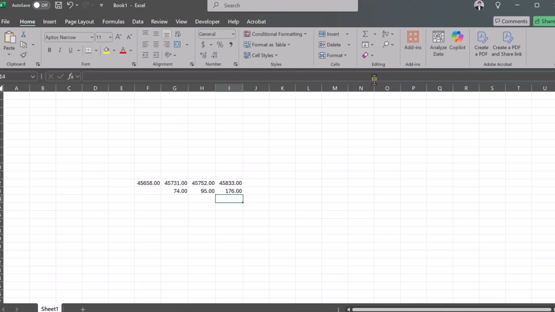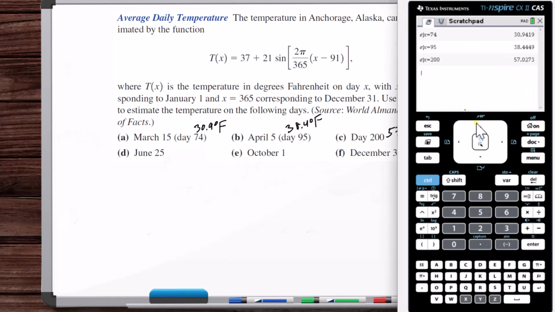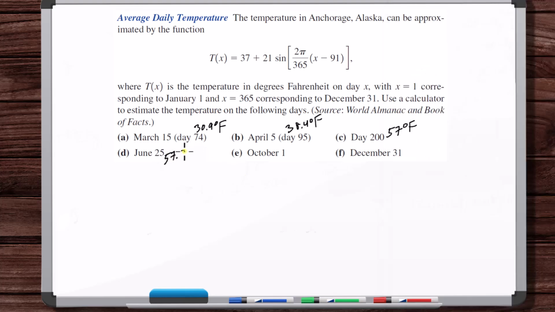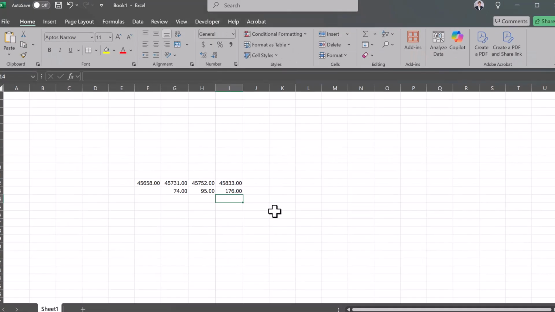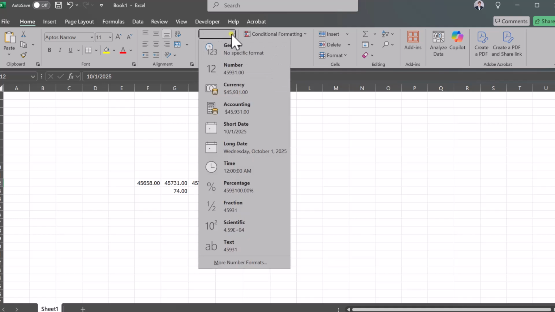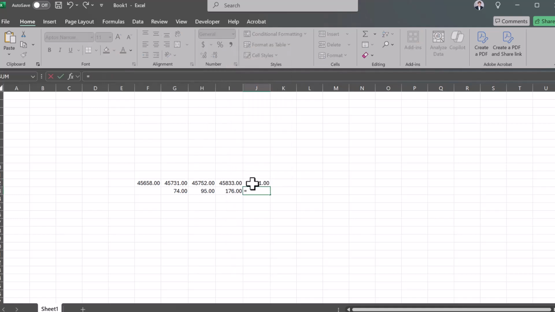Now June 25th is day 176. So about 57.9. Okay, October 1st is day 274.